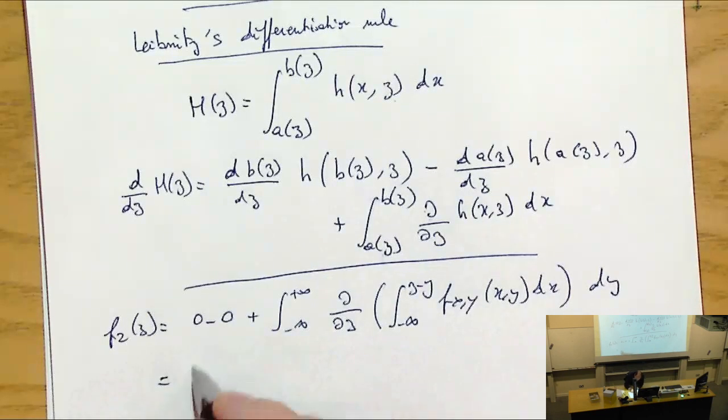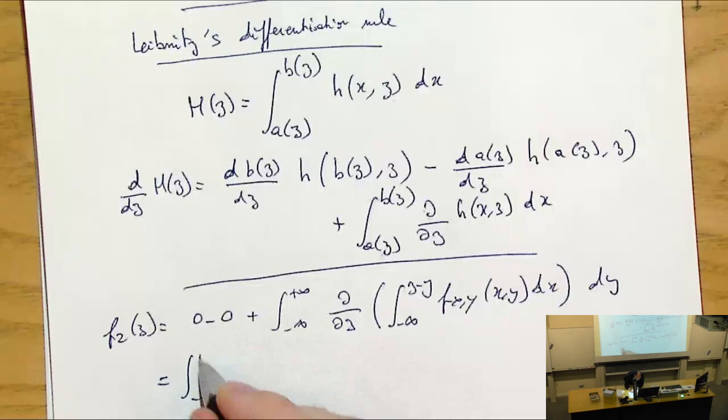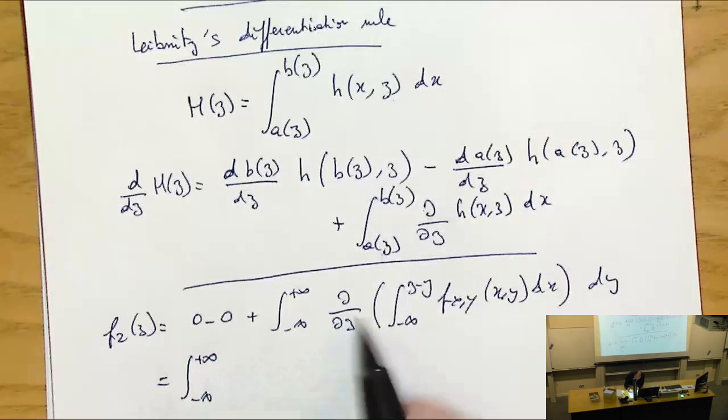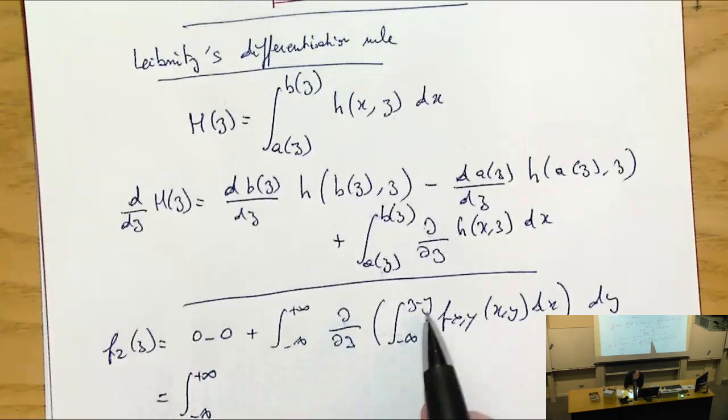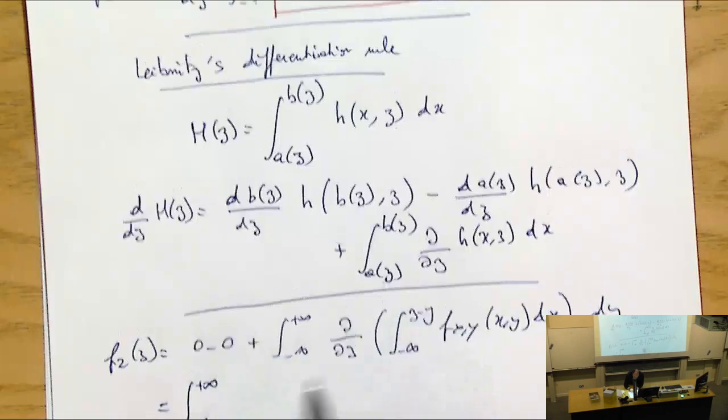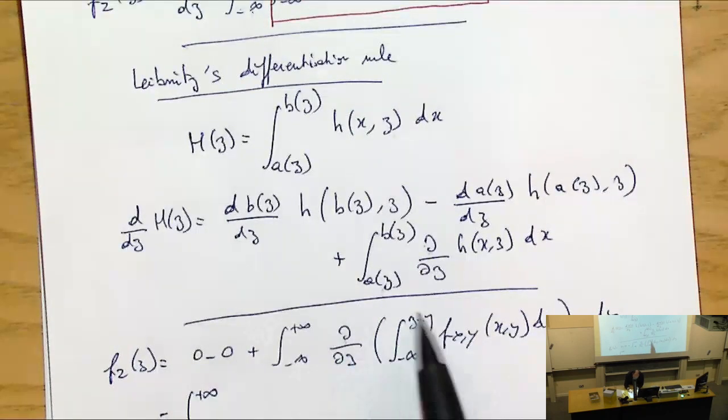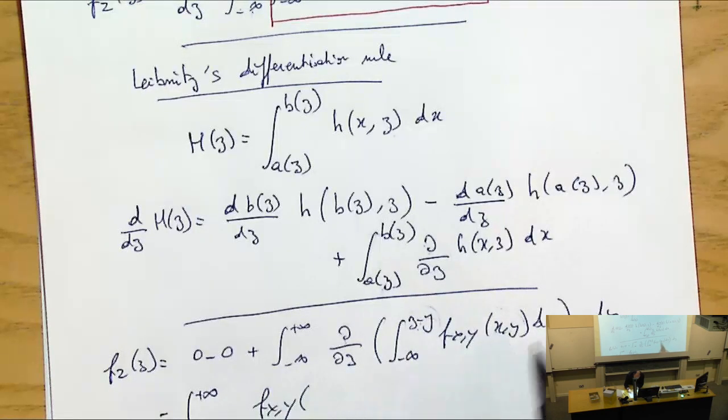So I have 0 plus the integral from minus infinity to plus infinity. Apply Leibniz. The upper boundary is a function of z, so the derivative of this with respect to z is going to be 1. So I have 1 multiplied by the function evaluated at this upper boundary: f(x,y) evaluated at x given by z minus y.